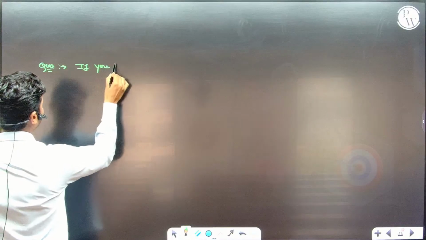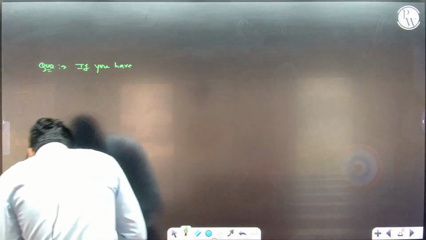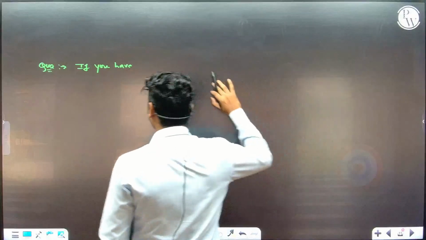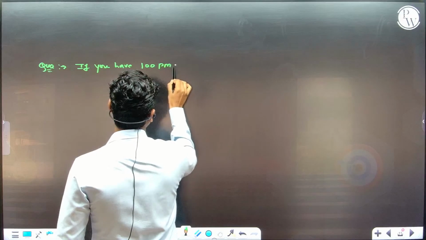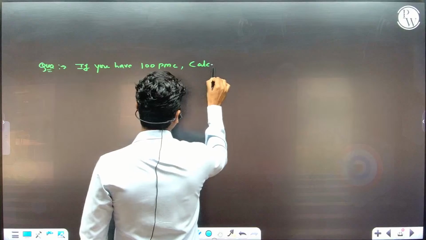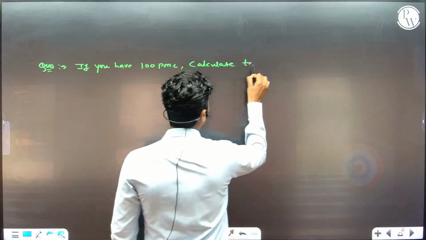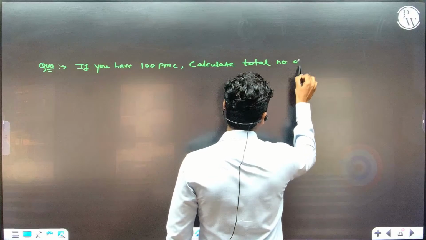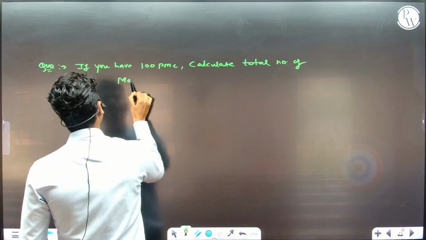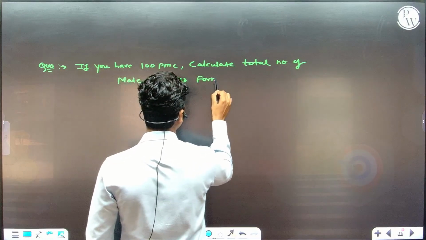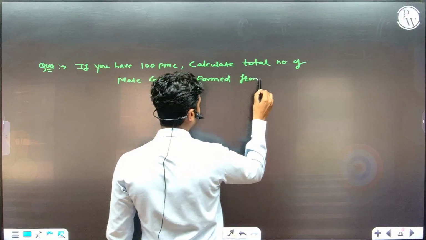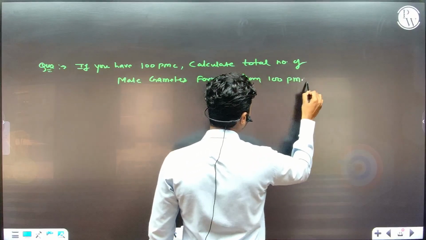Question: if you have 100 PMC, calculate the total number of male gametes formed from 100 PMC?